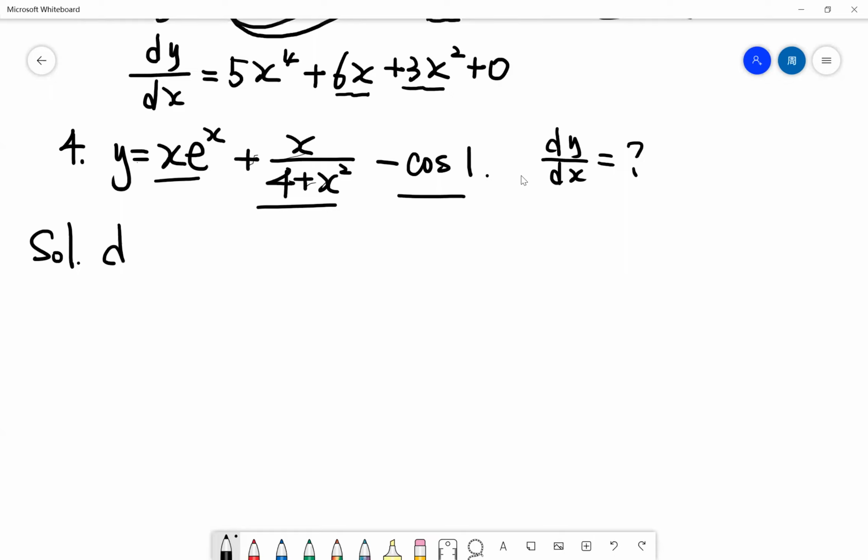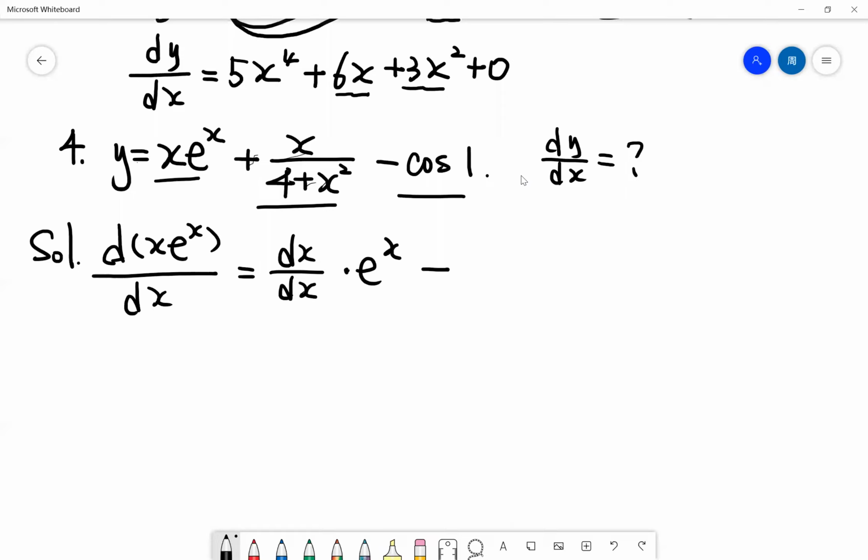The first, that is d(x times e^x) by dx, right? So from the product rule, that equals dx by dx times e^x, and plus d(e^x) by dx times x, right?